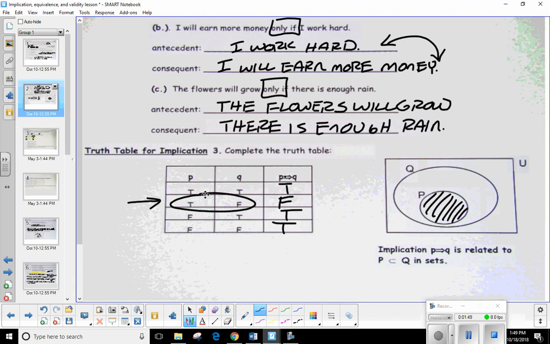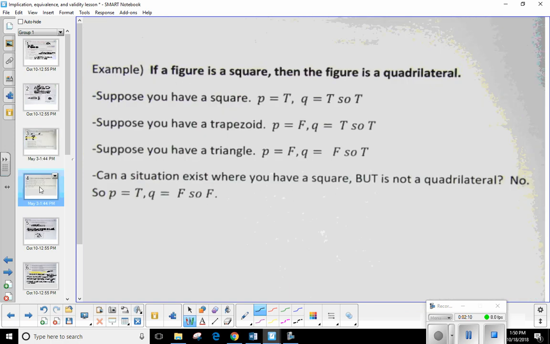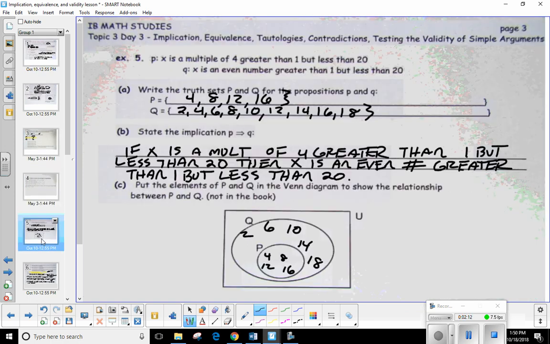If we're saying P implies Q, first true, then false is going to give me a false. All other variations, we're going to give me a true. Right, Caitlin? Right. Then I walked you through a couple scenarios to help you see the logic of that. Then we did an example.